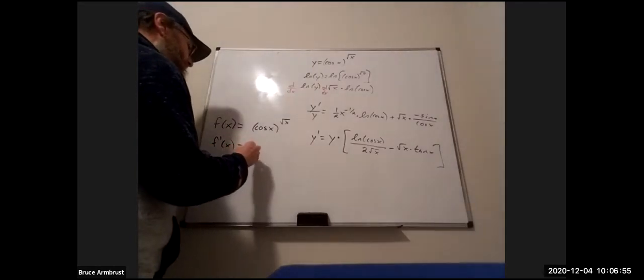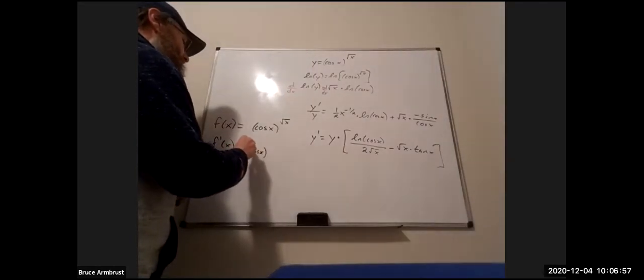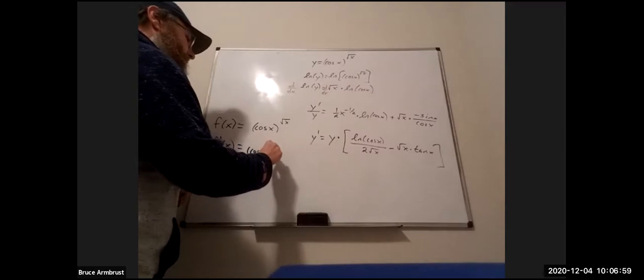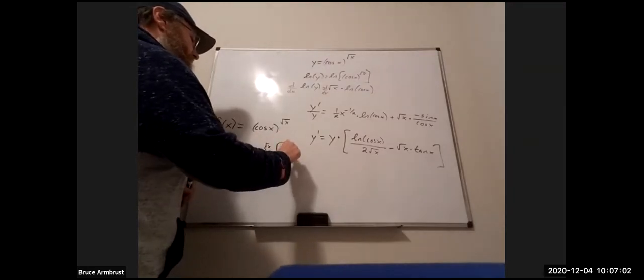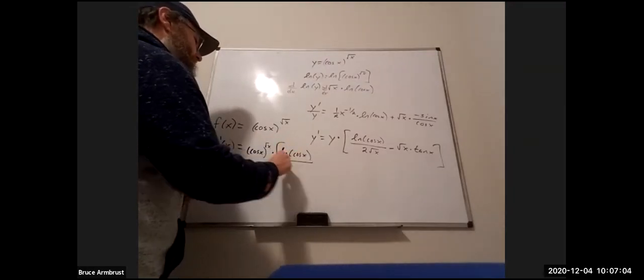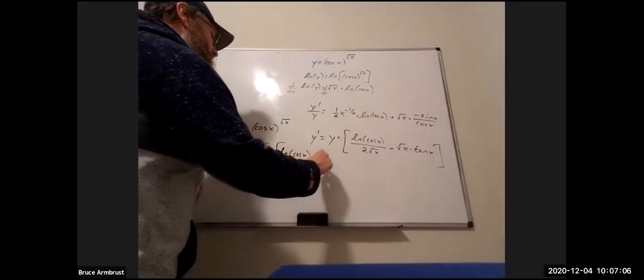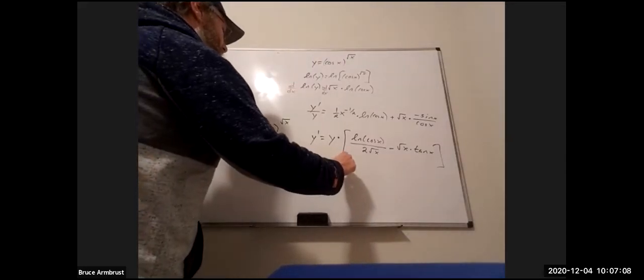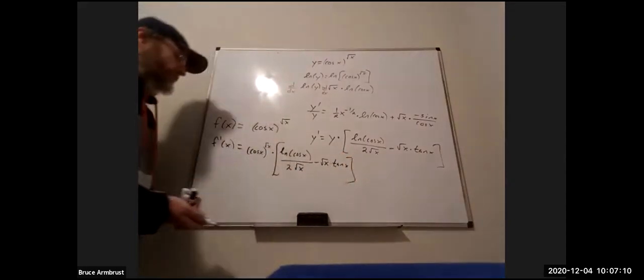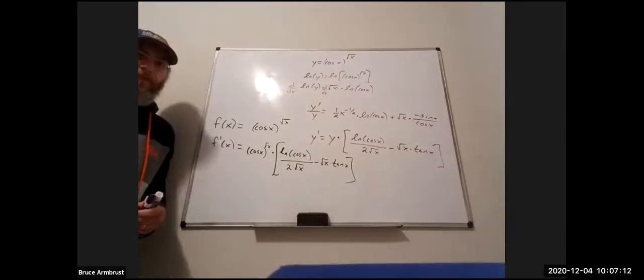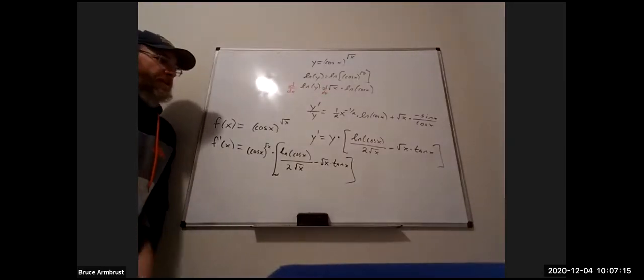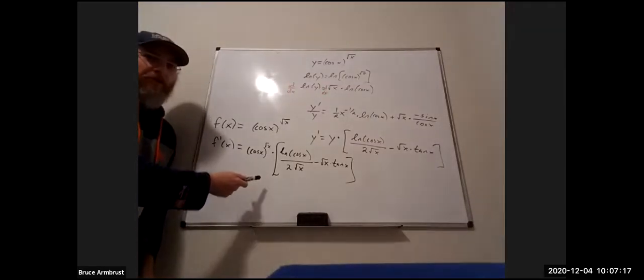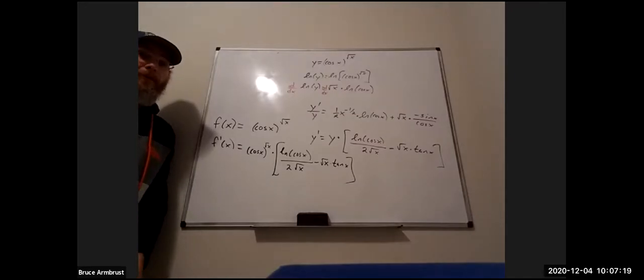Our derivative is going to be cosine of x to the root x times natural log of the cosine of x over 2 root x minus root x times tangent of x. So that's a pretty ugly looking derivative, no doubt. But we were able to get it. And this is where we needed to use logarithmic differentiation.